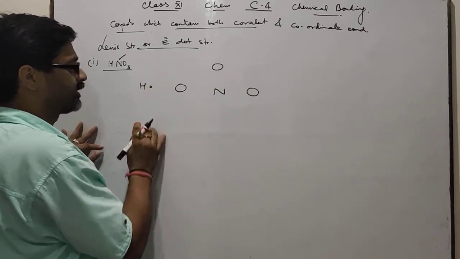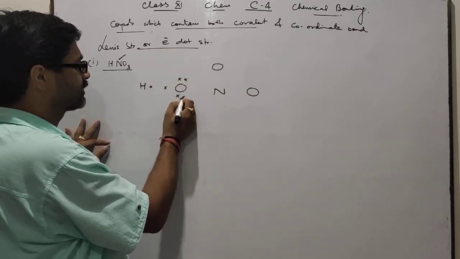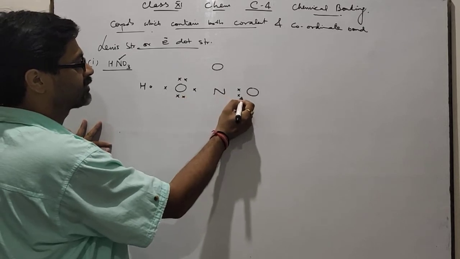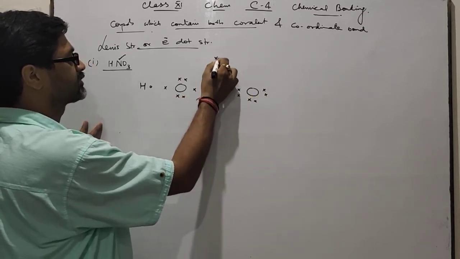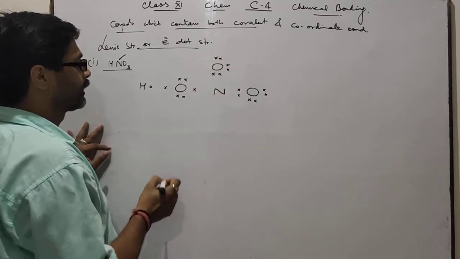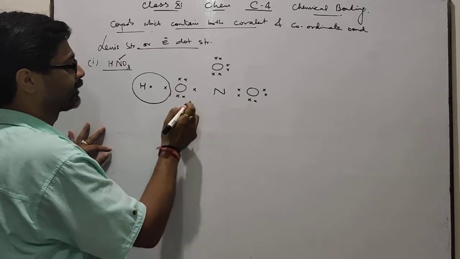You know that hydrogen contains 1 valence electron, and oxygen contains 6 electrons like this, this oxygen contains 6 electrons like this, and this oxygen also contains 6 electrons like this. This hydrogen shares its electron and forms 2 electrons.